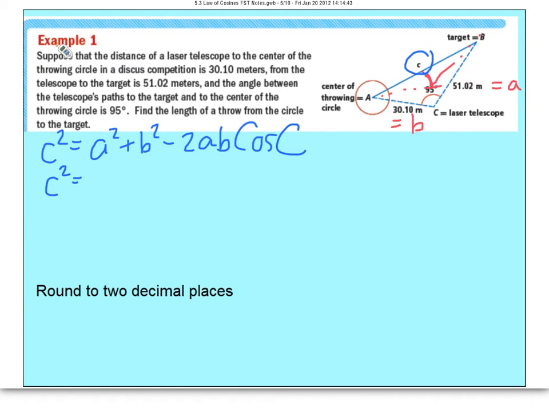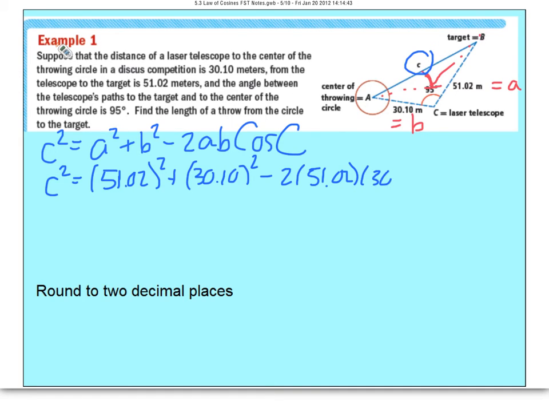So C squared, A in this case is 51.02 squared. B is 30.10 squared. Then minus 2 times those two side lengths. And then we wrap it up with the cosine of the 95 degrees.